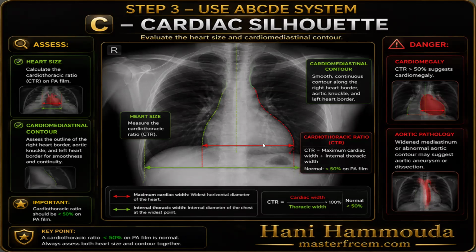The heart size divided by the thoracic width should be less than 50%. This is normal. Cardiomegaly means more than 50%. Aortic pathology means wide mediastinum. So you will comment on these abnormalities in each point.